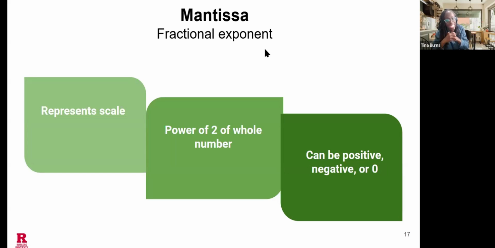If that value is going to be less than 1, then it ends up being negative because you have to move your decimal point to the left instead of the right. So remember before we had a value where we were moving the numbers all the way over. If we were to move that number in the opposite direction, that means it's less than 1. And that's how you get this negative value for your fractional exponent.